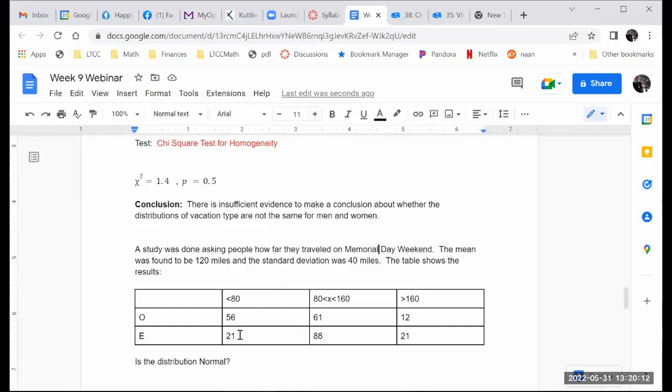They did a survey and 56 people traveled less than 80. 61 traveled between 80 and 160, and 12 traveled greater than 160. And the question is, is the distribution normal? Any questions on the question?